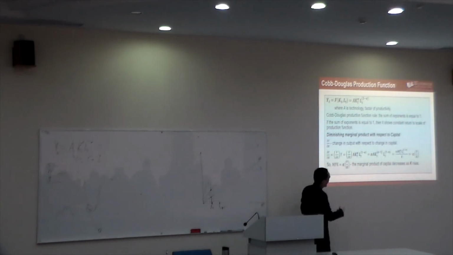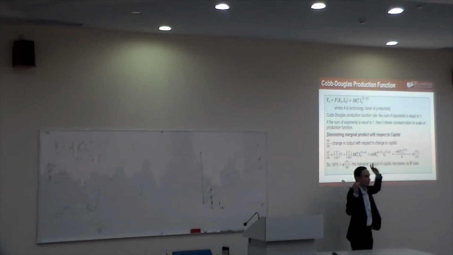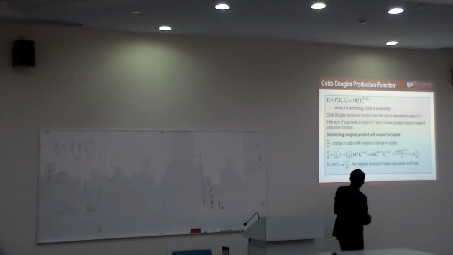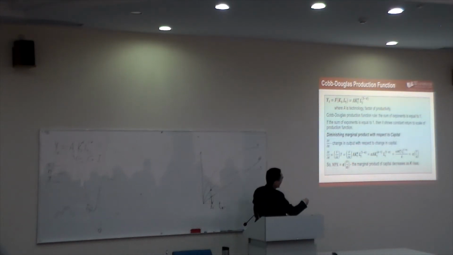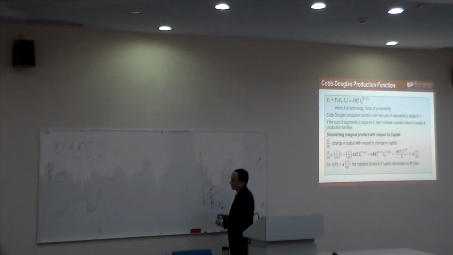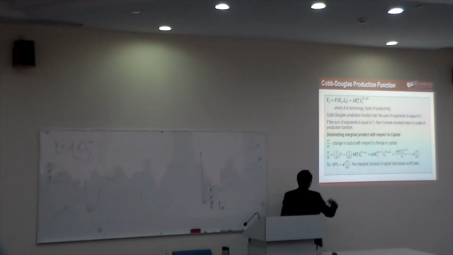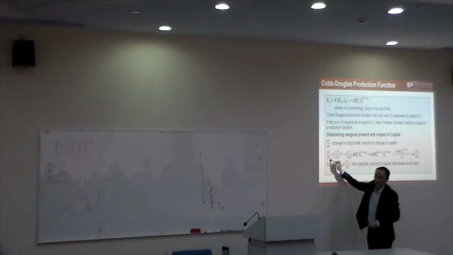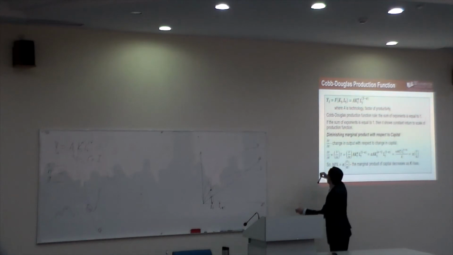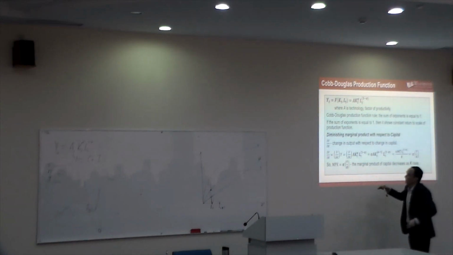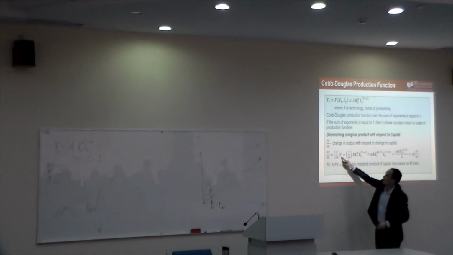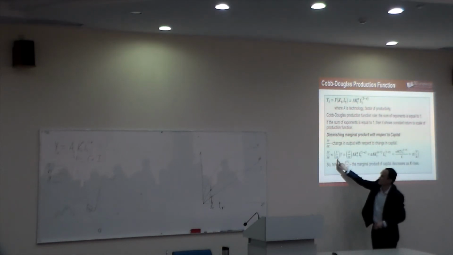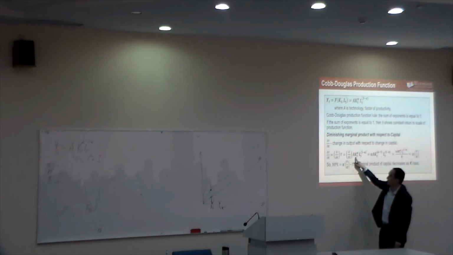So in the Cobb-Douglas production function, we know the sum of exponents is equal to 1, right? Look, another thing: the change in output with respect to capital. If you check how our output is going to change with respect to change in capital, take the first derivative of that model with respect to k.